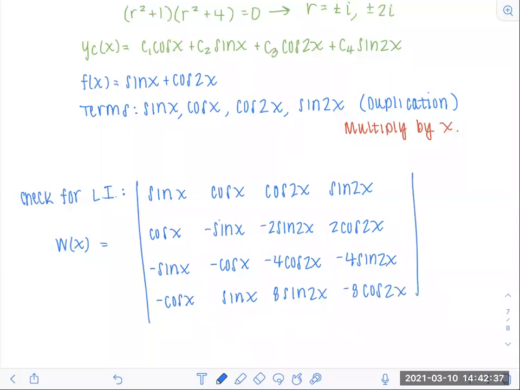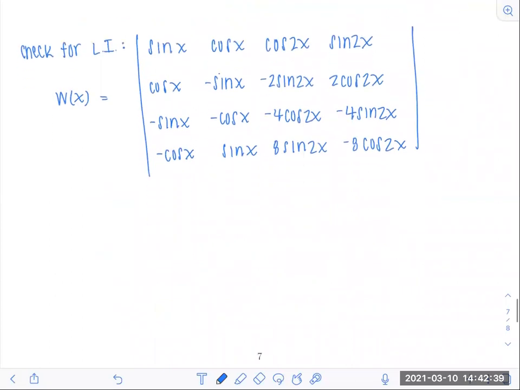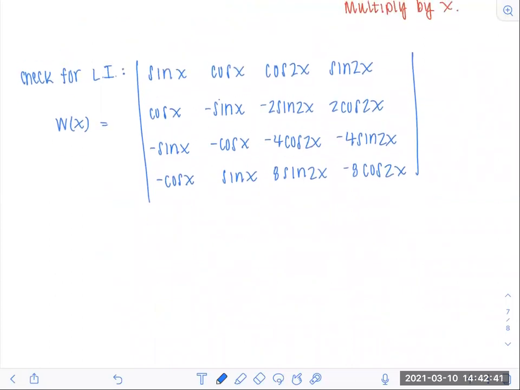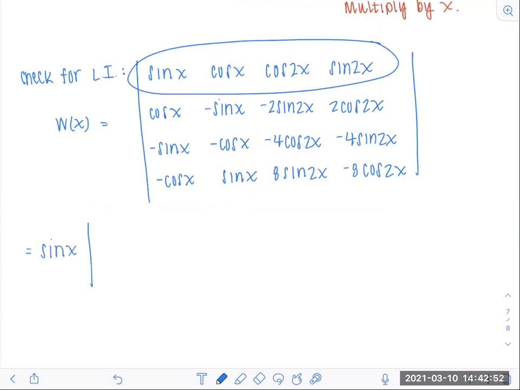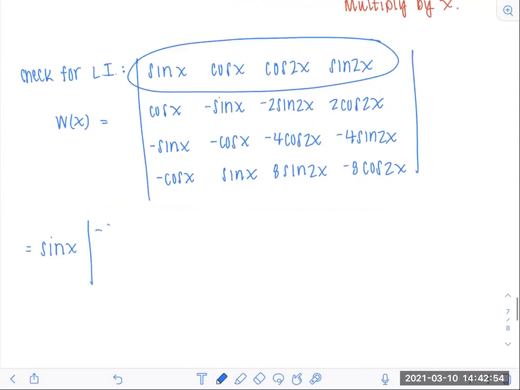All right. So then just pick a row that you want to expand or a column that you want to expand along. I'm just going to do the first one. And so for the first term here, I have sine of x times the cofactor matrix.